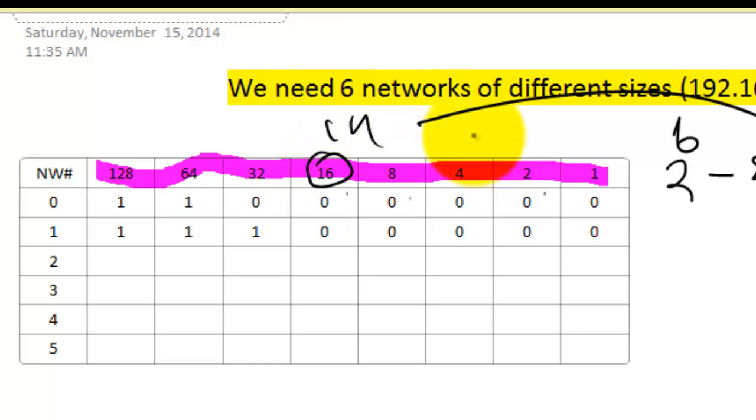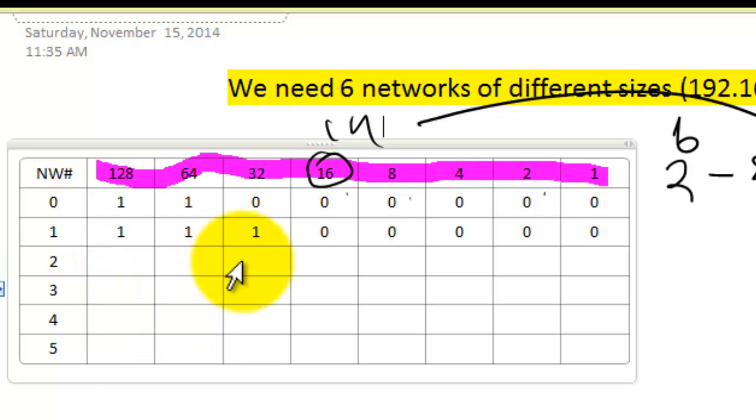We have 14 hosts. So that would be 16. So we do here 1, and then we fill everything to the right with zeros, and everything to the left with ones to represent the network side.